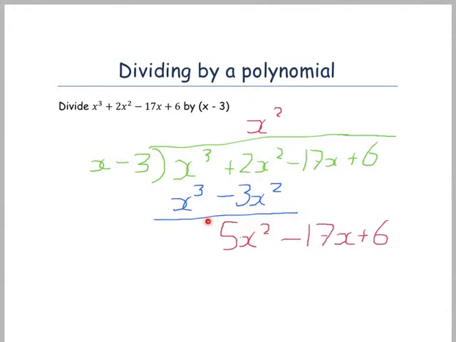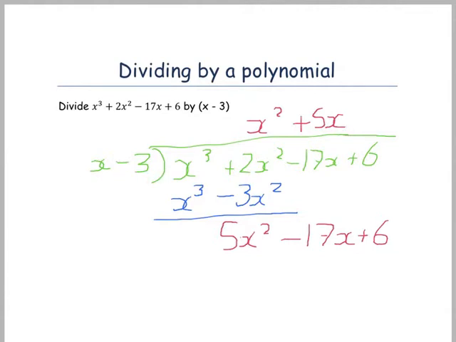And yet again, we look at this 5x squared first. So what do we times x by to get to 5x squared? Well, that is 5x.